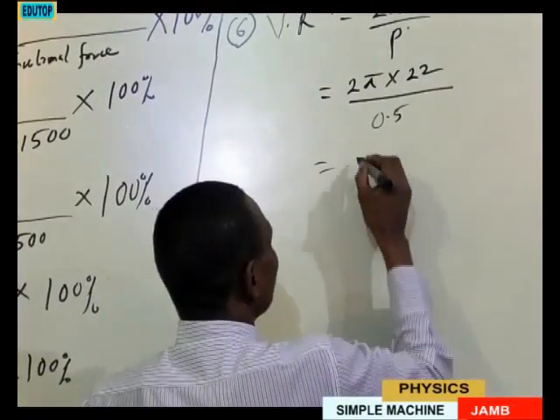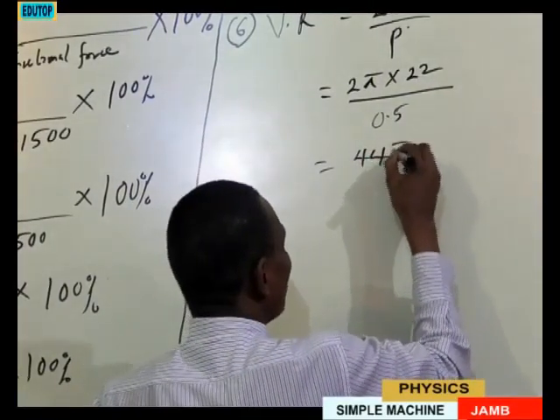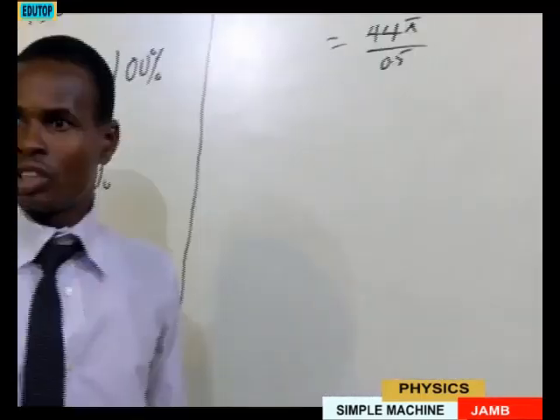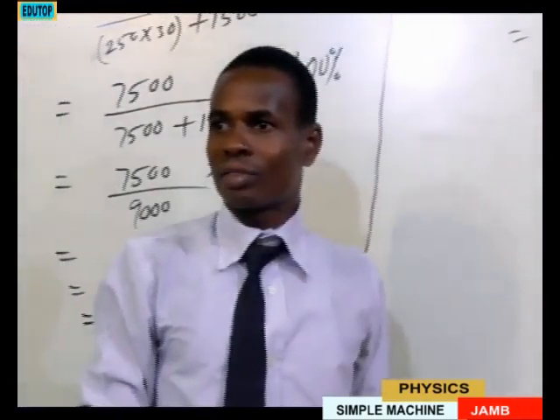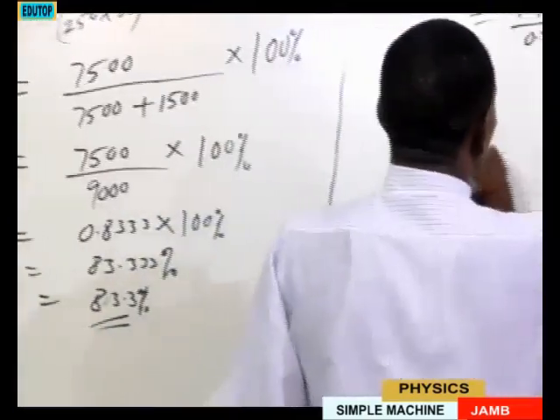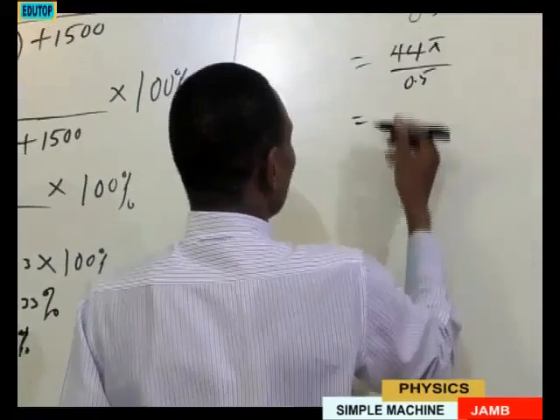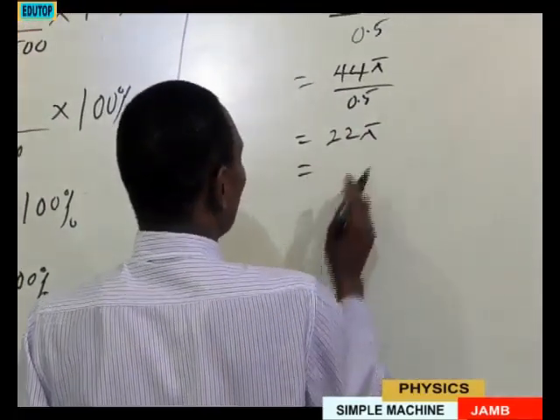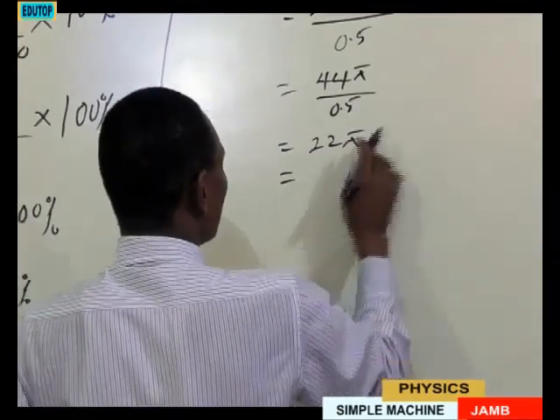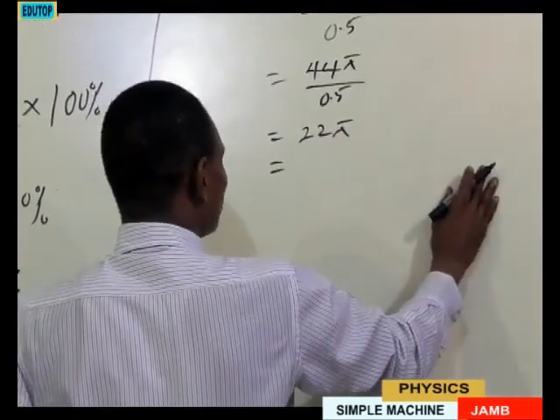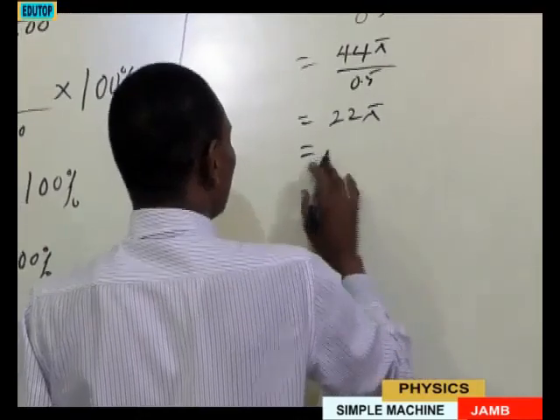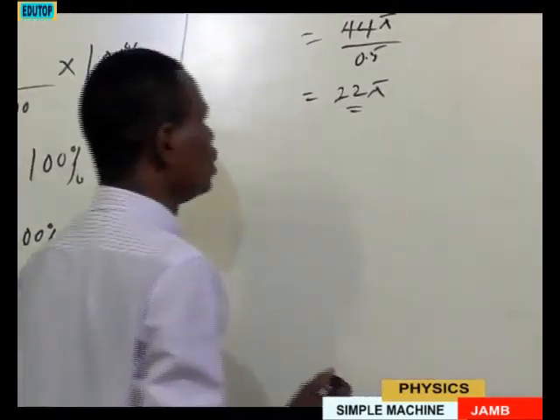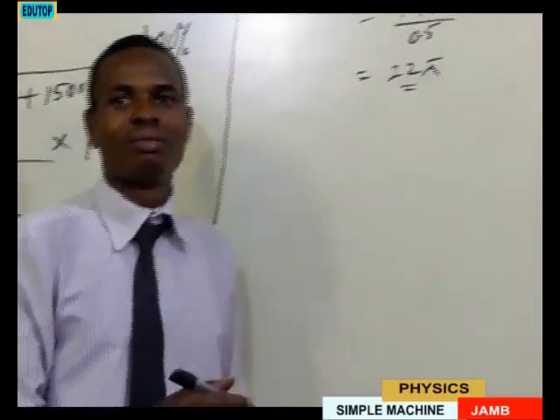Then we have 44 pi over 0.5, and 0.5 is as good as half. The half of 44 is 22 pi. If you evaluate this with pi as 3.142 you get the full value, but let's leave it in terms of pi. The answer is 22 pi.